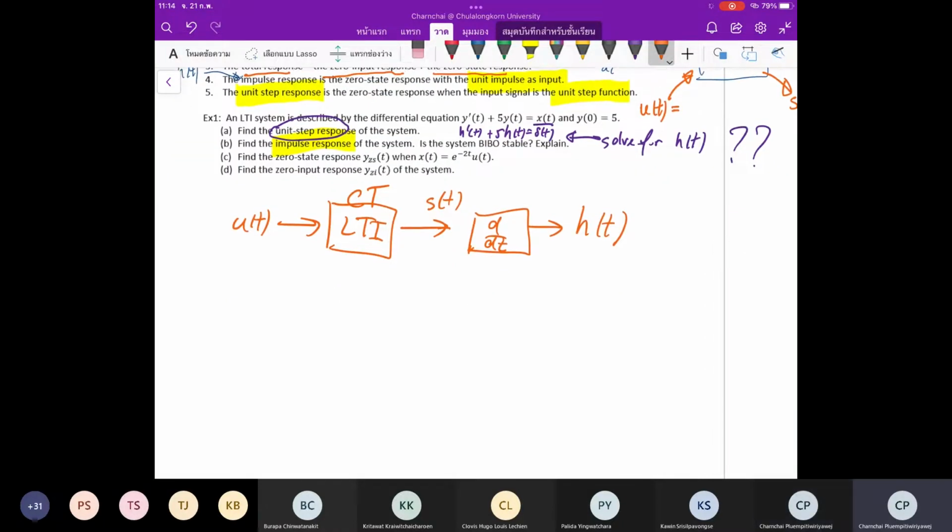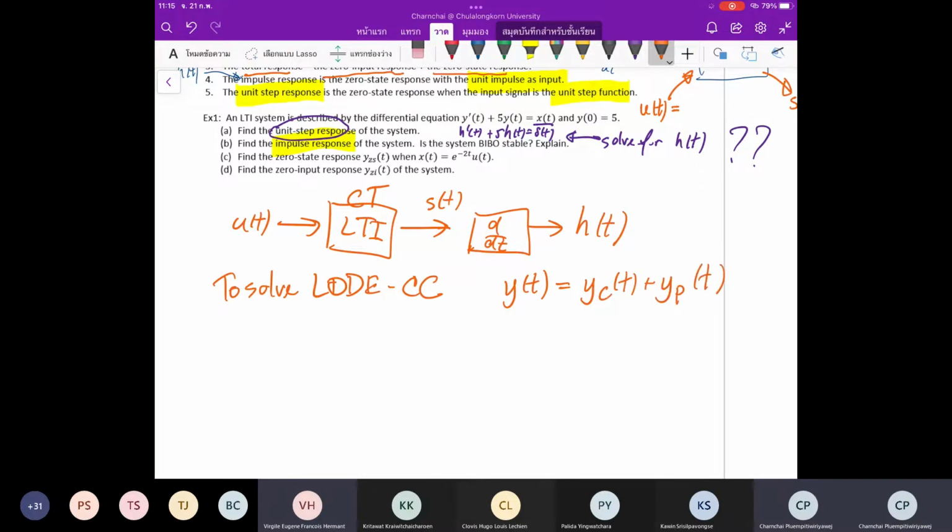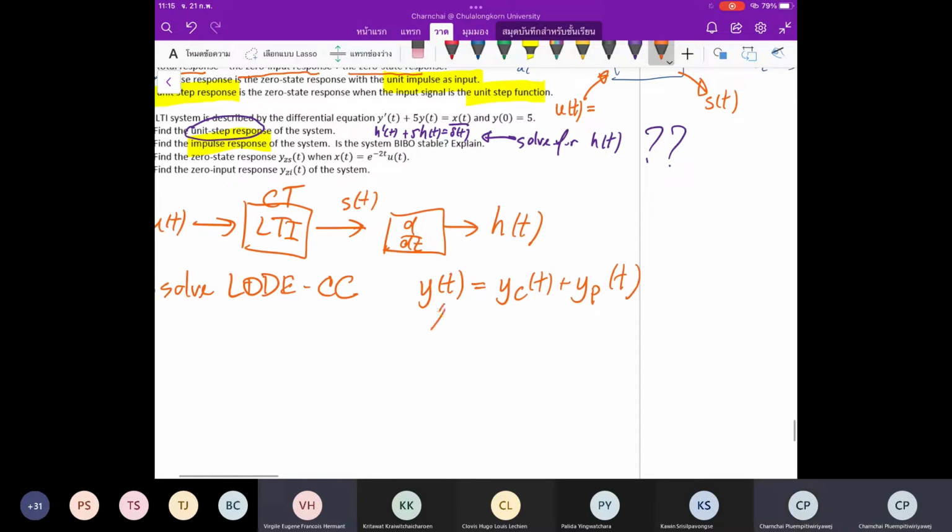To solve a linear ODE with constant coefficients, the complete solution equals y_c plus y_p.